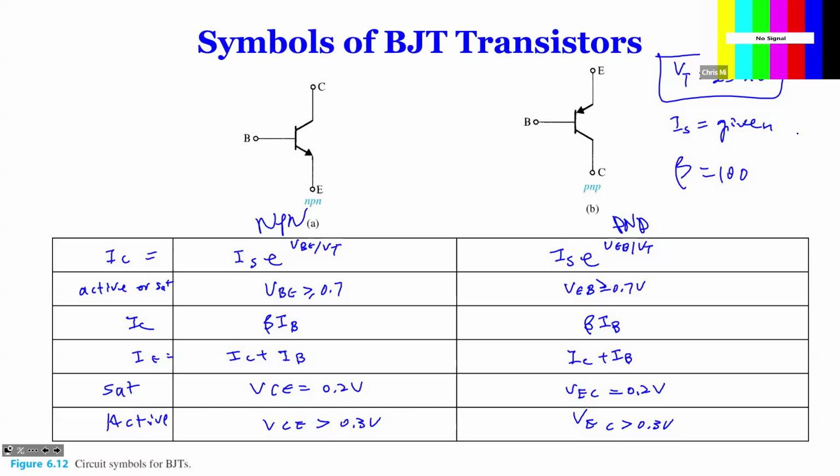IB is flowing out, so we have to define the direction. So IB is in this direction, and IC is this direction. So IE is this direction. So if you look at this node, right? If you look at a simple node, you will find out how it works.